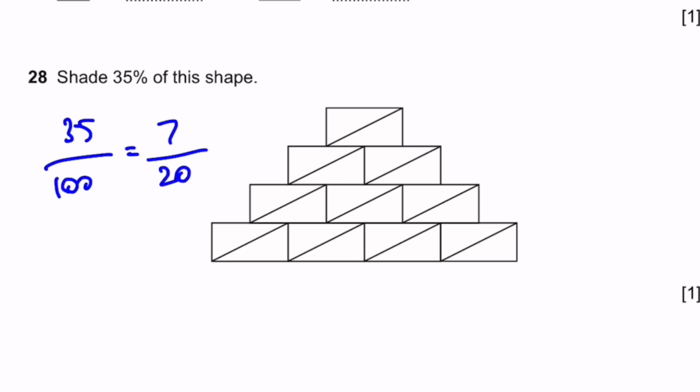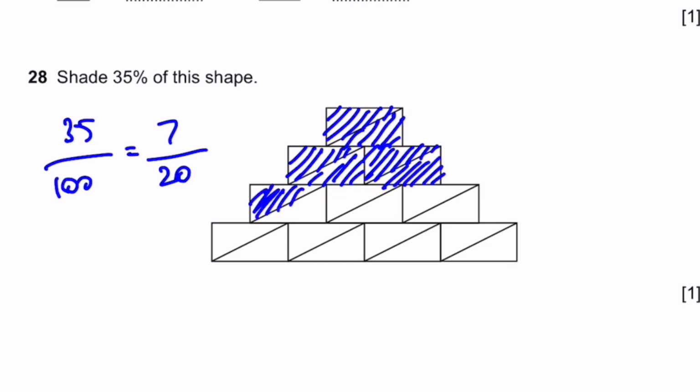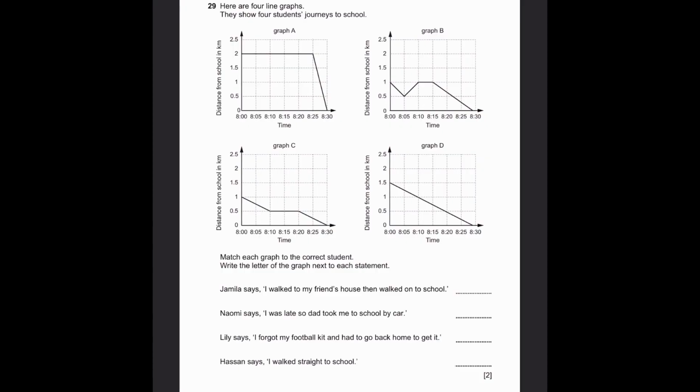So we need to shade 7 out of 20 triangles. So I'm not actually going to shade it, I'm just going to do something like this to show you shading. That's 2, 3, 4, 5, 6, 7. That's the answer.